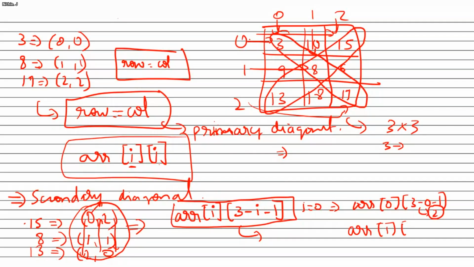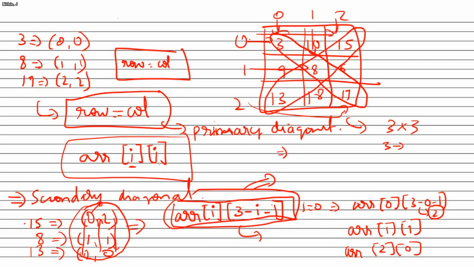Now 3 minus 1 minus 1 is 1. Yep, boom, we got the same coordinates, 1 comma 1. And the last coordinate, when I is equal to 2, we get 3 minus 2 minus 1, that is 0. And yep, we got the same indexes again. So this is the formula we will use to access the secondary diagonal elements.